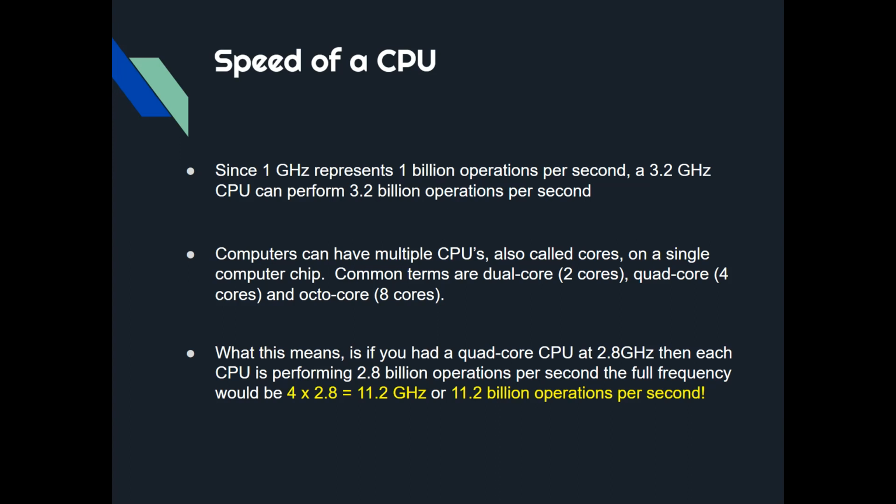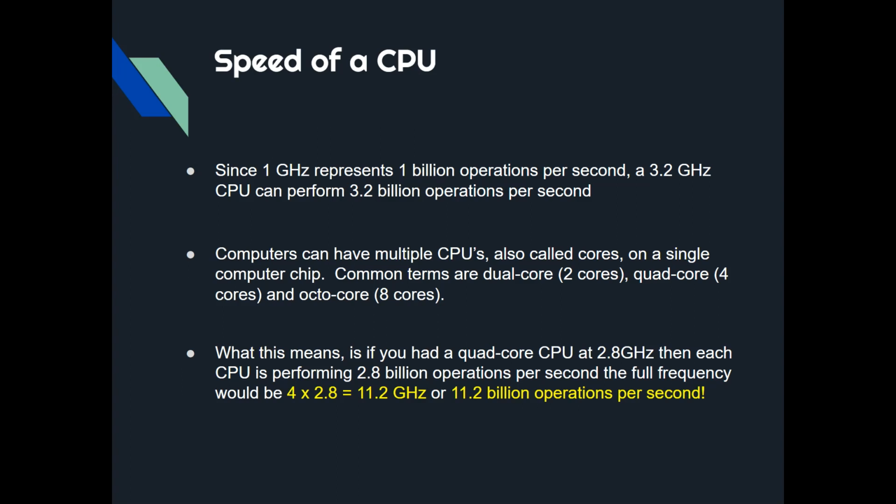That chip may be cut in half, and it would have 2 CPUs on either side. We call that a dual core. Dual means 2. Sometimes it's cut into quarters, so that is a quad core, four cores. And then sometimes there's 8. You have an octo core. It really depends on what you're running. If you're running an i5 Intel processor, those are usually dual cores. i7s are usually quad cores. So that means how many CPUs are on that chip at once.